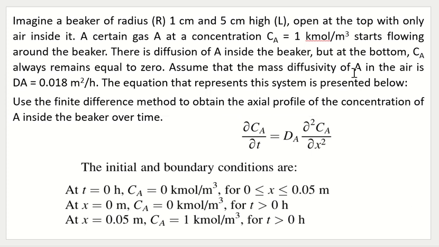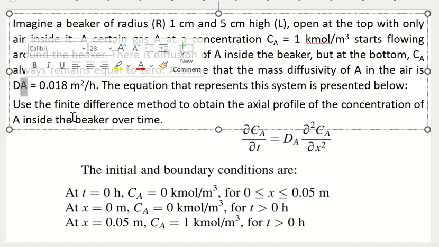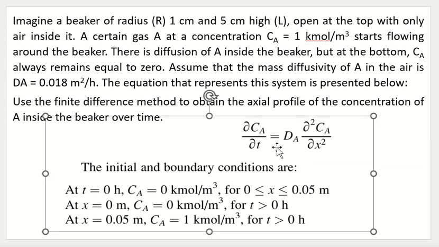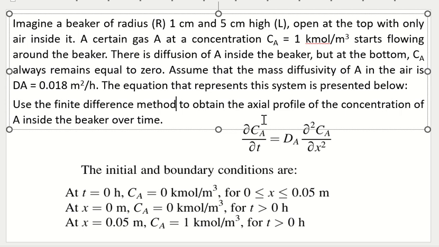Assume that the mass diffusivity of A in the air, dA, equals 0.018 meter square per hour. The equation that represents this system is presented below.